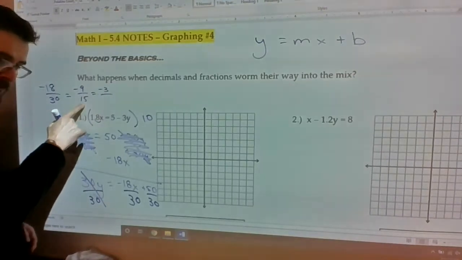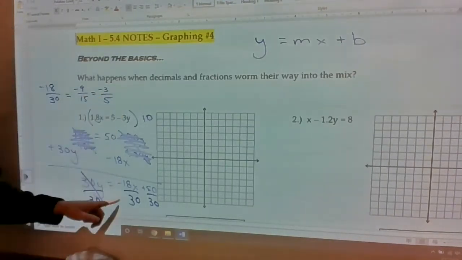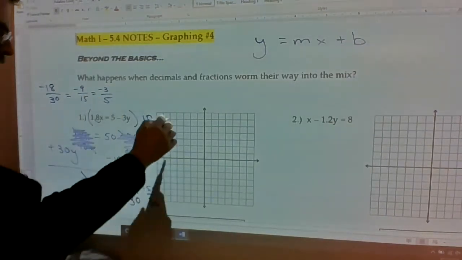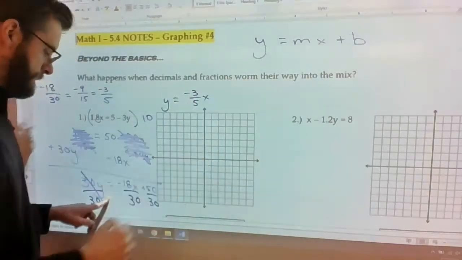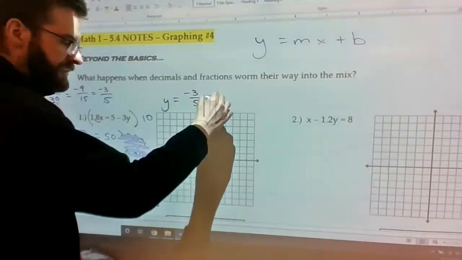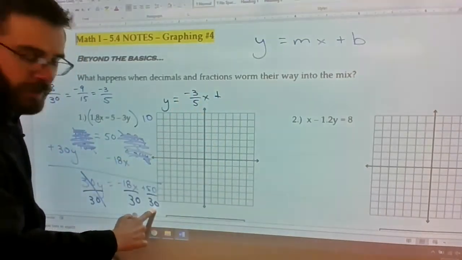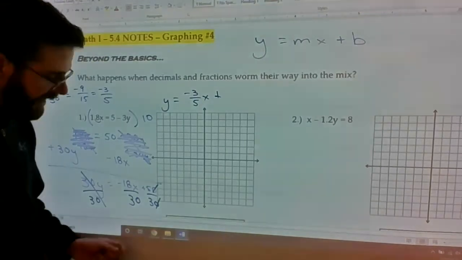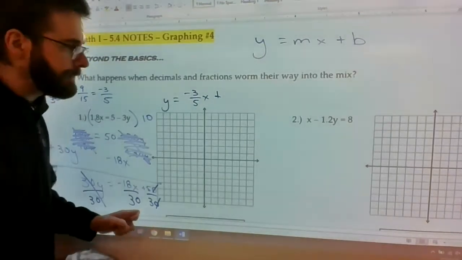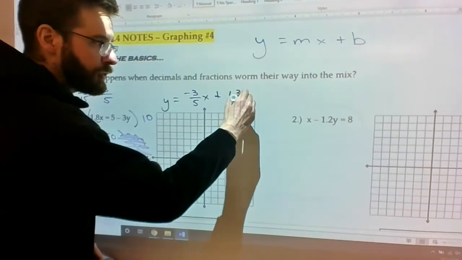Divide 15 by 3, you get 5. So this is the same as y equals negative 3/5 x. Plus, if it's 50 over 30, you can instantly divide the top and bottom by 10, canceling out those zeros. 5 over 3 is the same as 1 2/3.